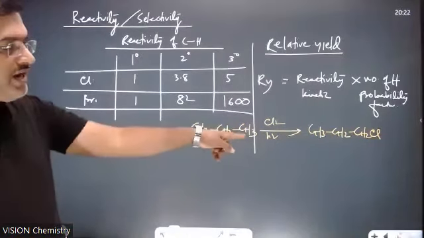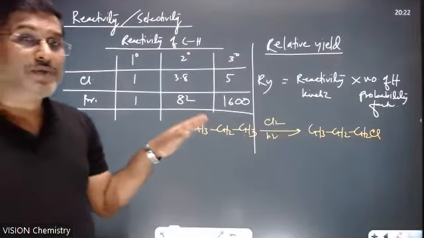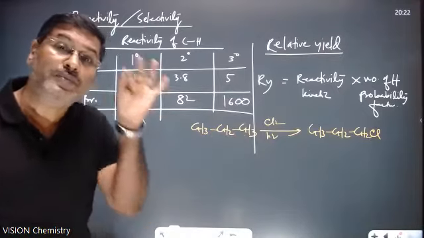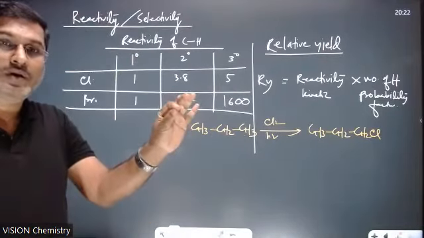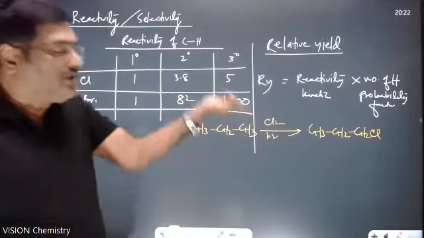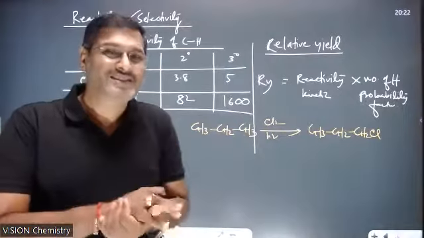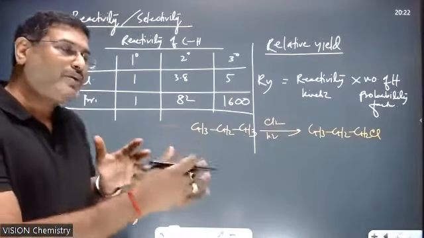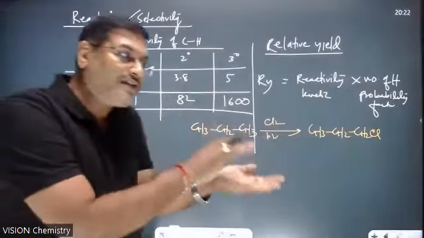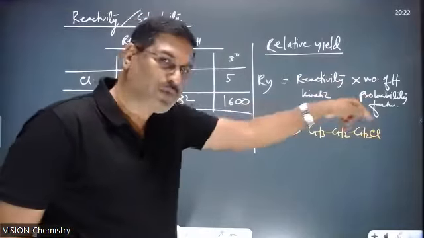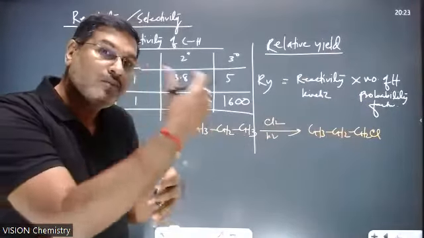We have 3 hydrogens here, 3 hydrogens here, 6 primary hydrogens, and if that chlorine atom collides with any of the 6, it gives the same product, so the probability factor is 6. Means the number of hydrogens with which it collides is the probability factor, the probability of its formation.